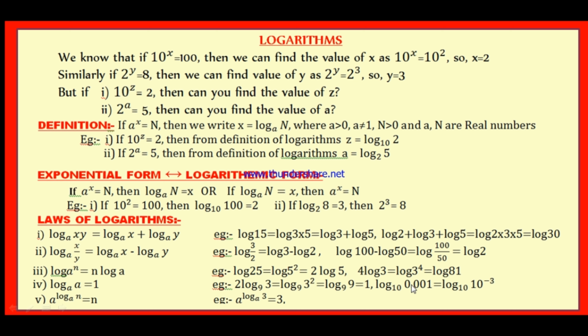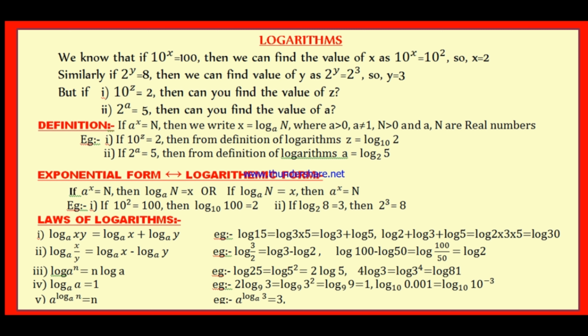You can complete this. And the fifth law, a power log n to the base a is equal to n. Here is an example, a power log 3 to the base a, whose value is 3. If you find any type of such equations, you can use all these laws of logarithms so that you can simplify the given equations in logarithms.